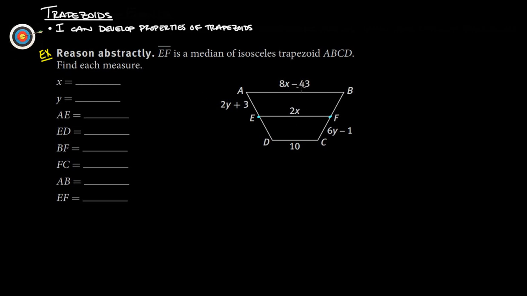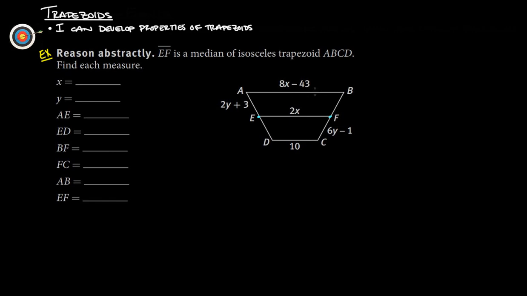Now, here's something that we need to make sure that we know. This median of the isosceles trapezoid is going to be the average of these two sides. So we take these two sides divided by 2, and it's going to equal what this is.